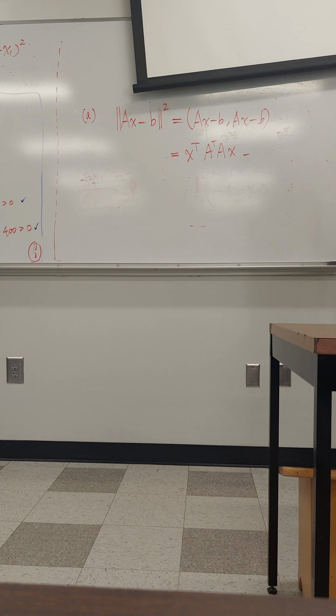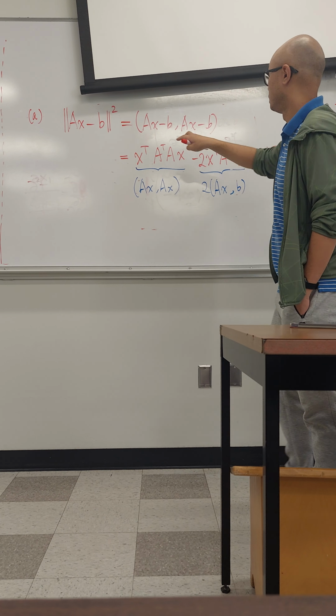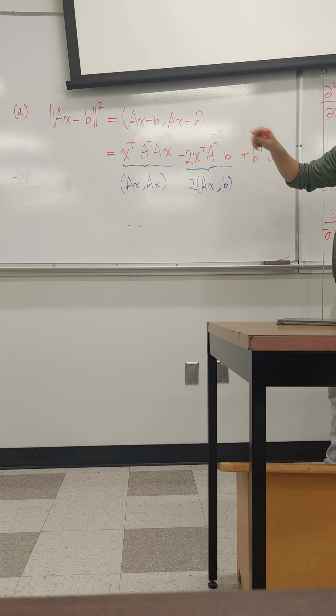When we take the derivative, we want to use our existing formula, that the gradient of 1/2 x transpose Qx subtract b transpose x is Qx subtract b. So we want to rewrite the second term in terms of something transpose times x.